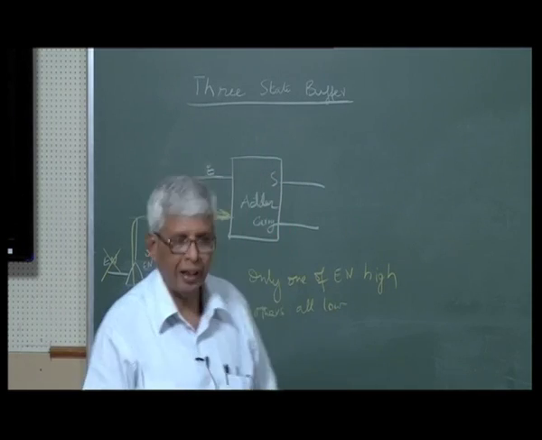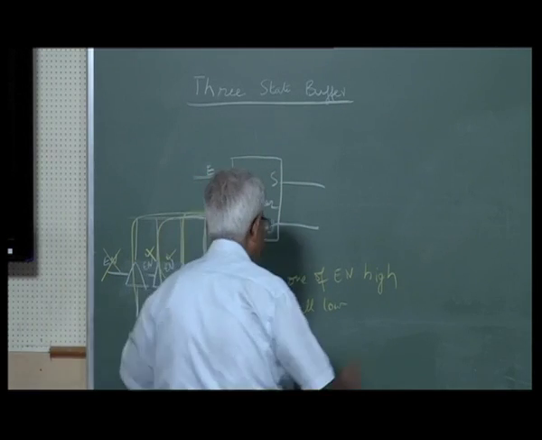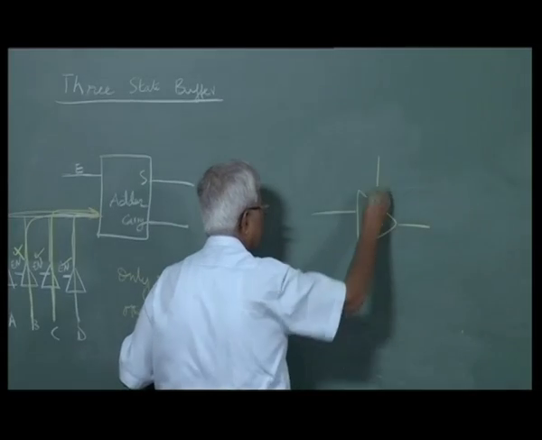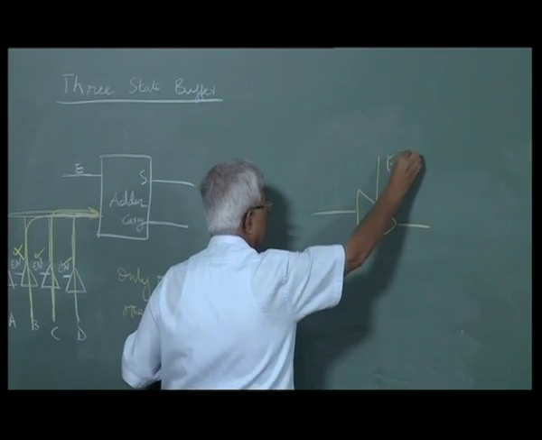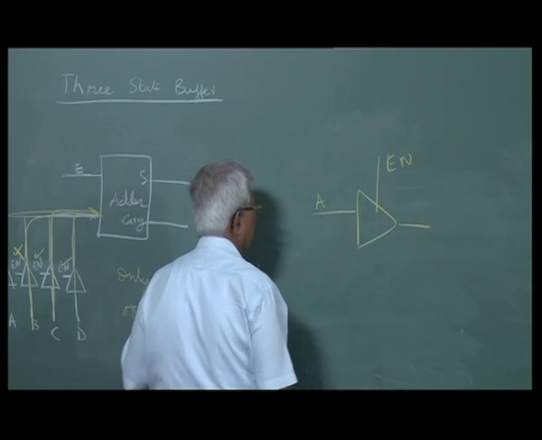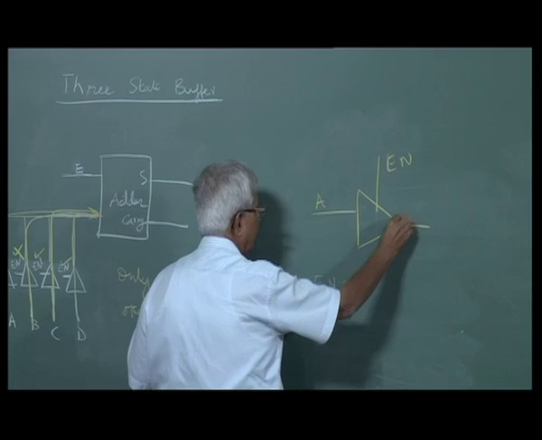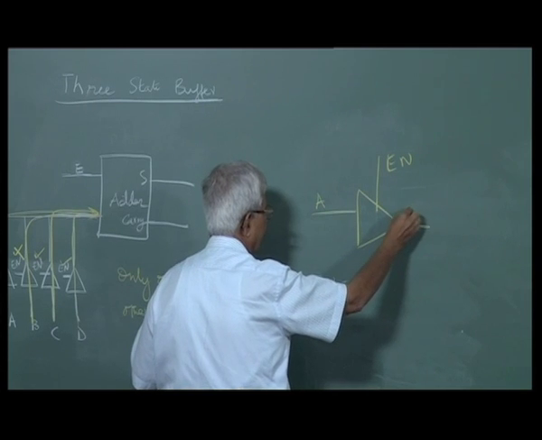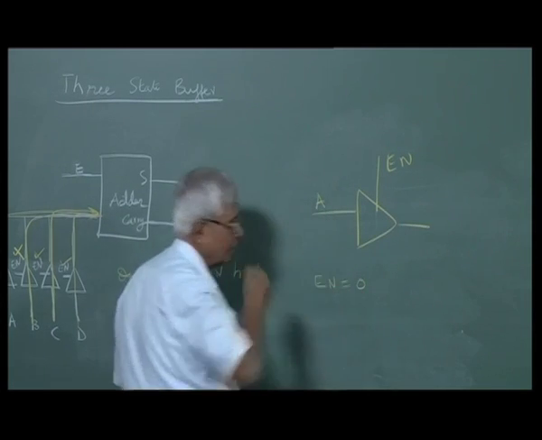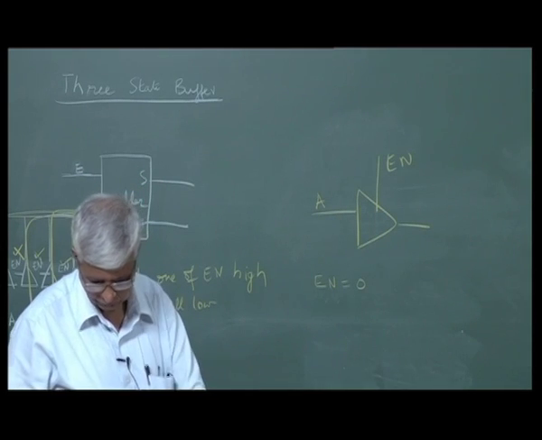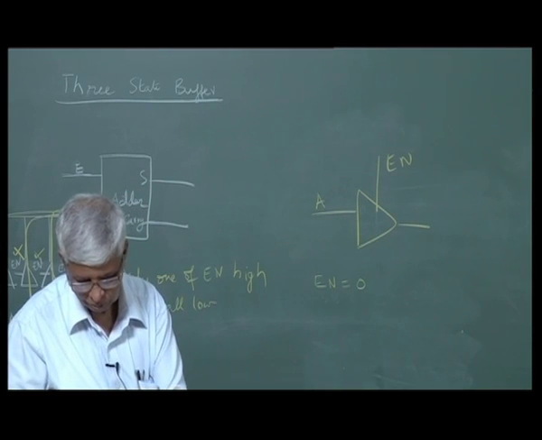Why is it called a three-state buffer? If enable is 0, this is the output.